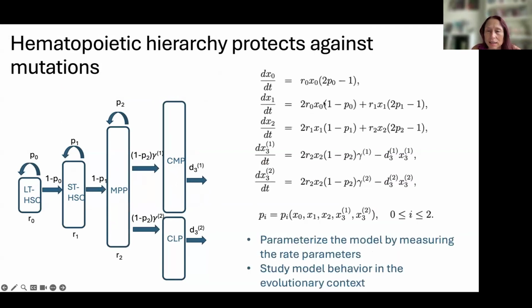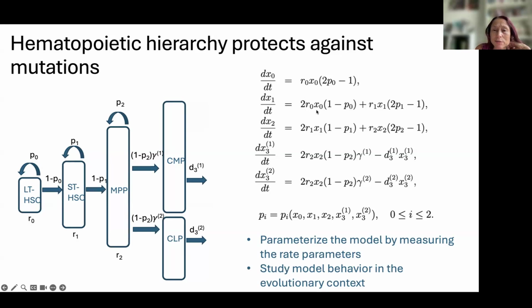Okay. And so I derived these systems, exactly these systems, last time. So this here, when a stem cell, X0, this root stem cell divides and differentiates, it divides with rate R0 and differentiates with probability 1 minus P0. So R0 times 1 minus P0.